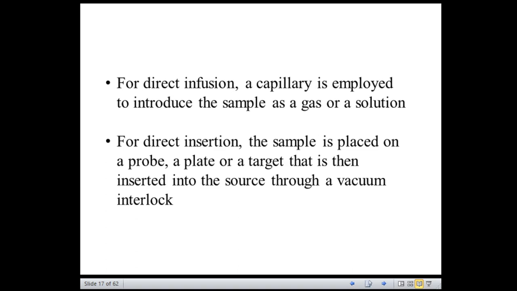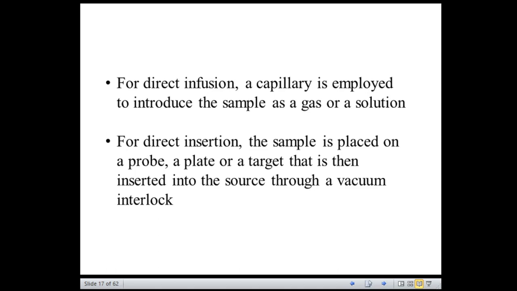The sample must be introduced into the ionization chamber or the source so that the vacuum inside the instrument remains unchanged. So you are trying to introduce the sample or the analyte into the ionization source, but the vacuum inside the instrument should remain unchanged.